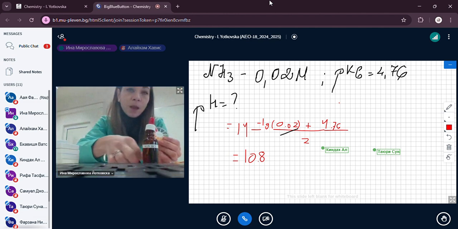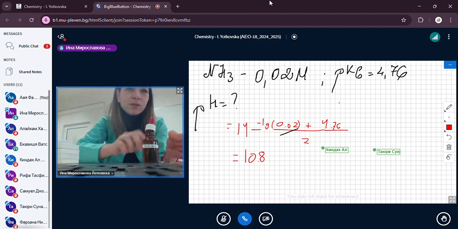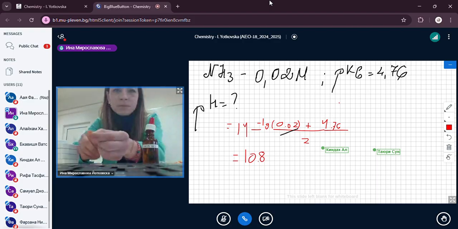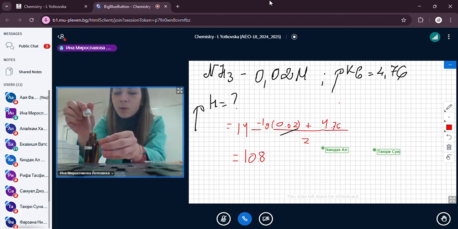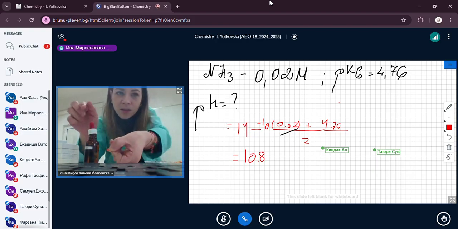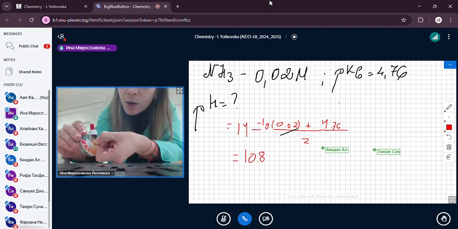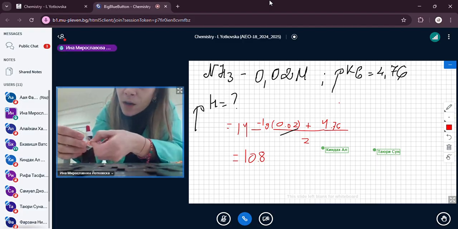So, as I told you, with this universal litmus indicator, I will put just one drop and it will immediately change its color. And now I compare the color according to that color scale.